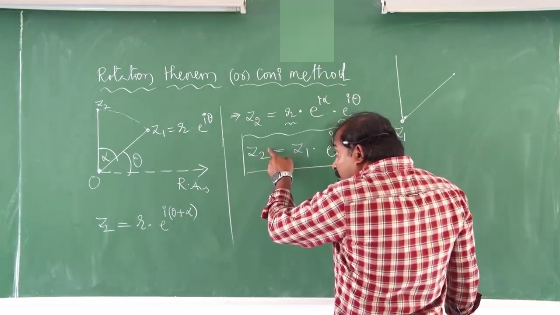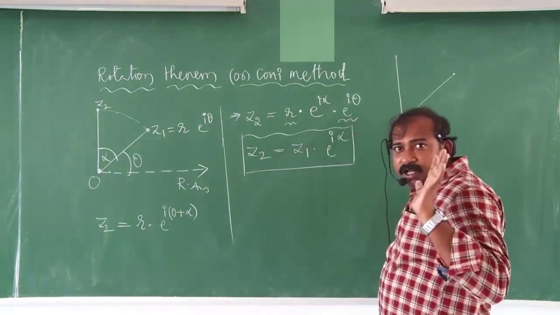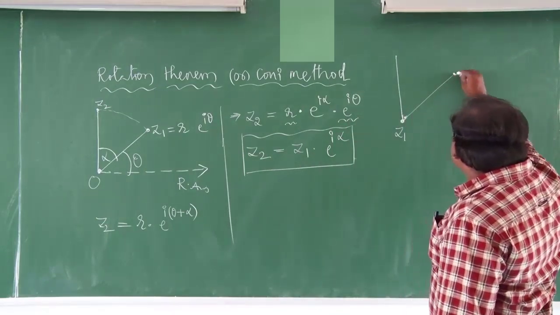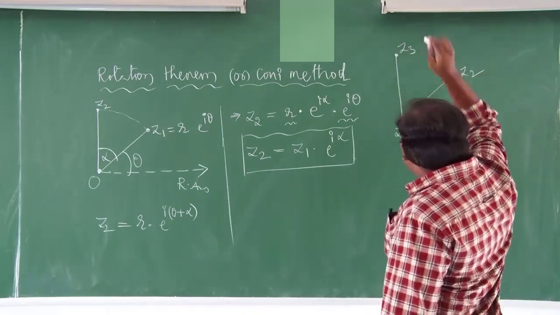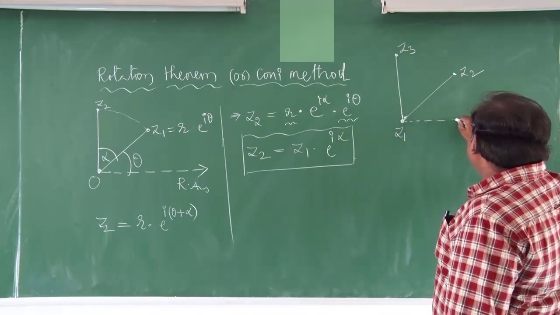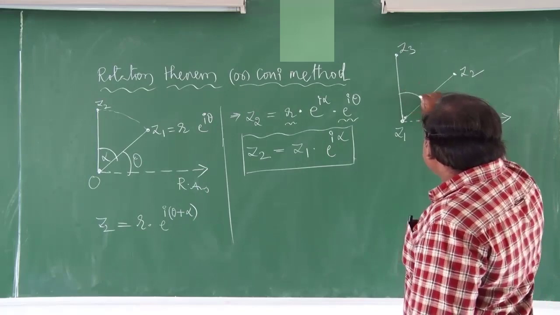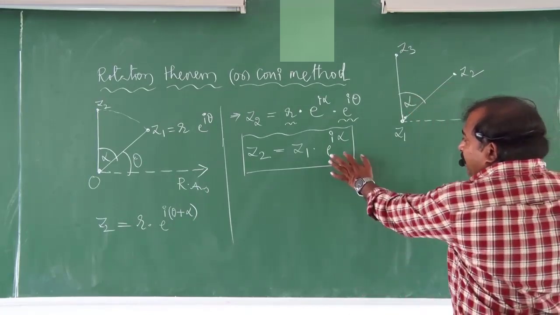Clear? Now if this is Z2, this is Z3, and let this be parallel to the real axis line like this, and this is alpha, then how can you derive the same relation? Tell me.